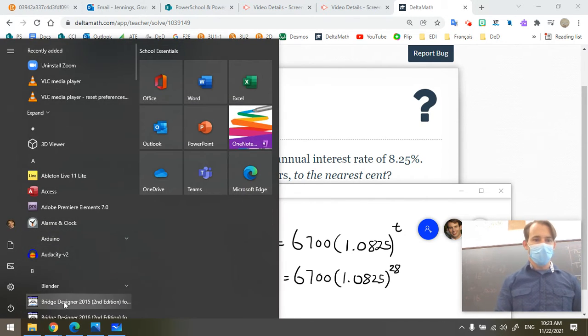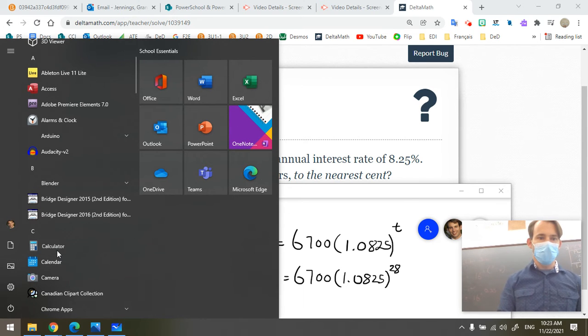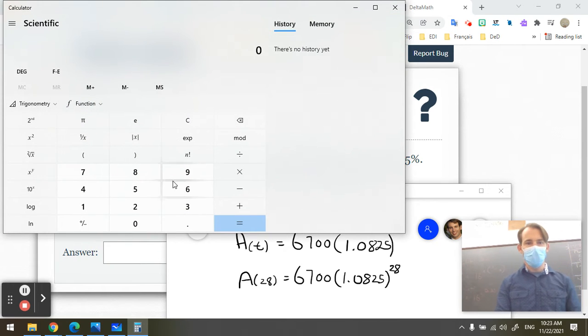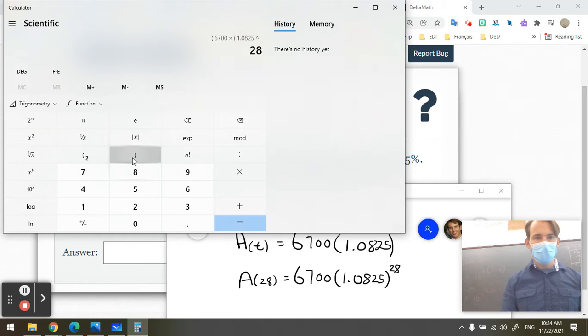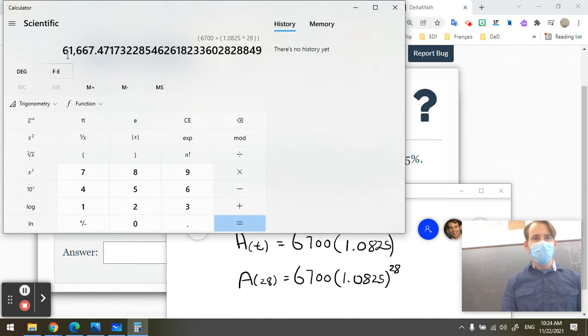I get my calculator on, because this is not a spoiler alert, I cannot do that in my head. 6700 multiplied by, I need the multiply button here, and then put in a bracket, 1.0825 raised to the power 28, end bracket. So that will be 61677.47. Because I have my calculator on here, I can copy and paste.